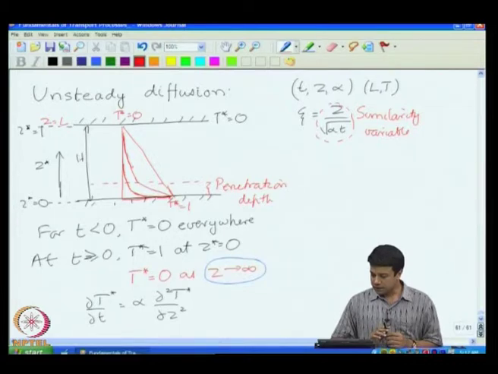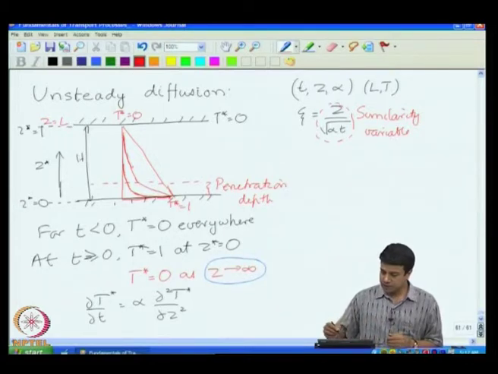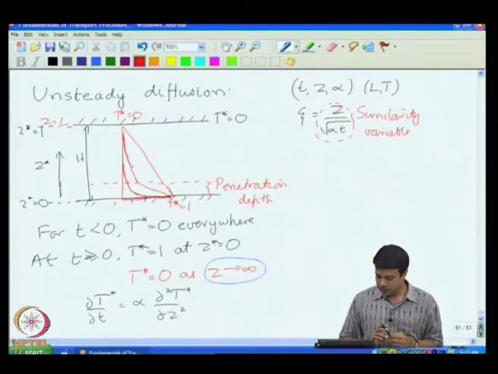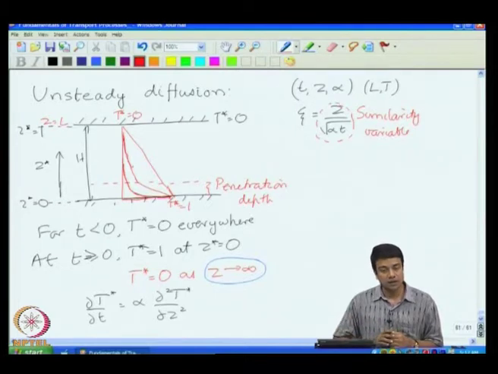So, if the temperature field depends only upon this dimensionless similarity variable, then I should be able to express my entire equation in terms of that dimensionless similarity variable alone. So, what I need to do is to express the derivative with respect to z in terms of the derivative with respect to psi. The derivative with respect to t also can be expressed in terms of the derivative with respect to psi.